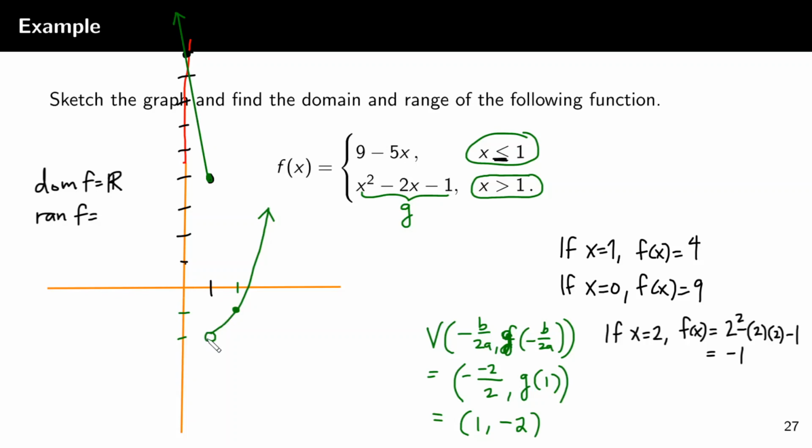So, we don't have a smallest possible value, but yung boundary natin sa baba ay negative 2. So, it will be the open interval from negative 2. Hindi ako gumamit ng square bracket dahil hindi kasama yung negative 2. And then, pataas itong parabola, pataas din itong straight line. So, hanggang positive infinity. So, that's our range.